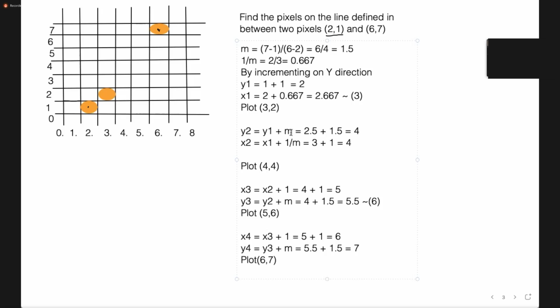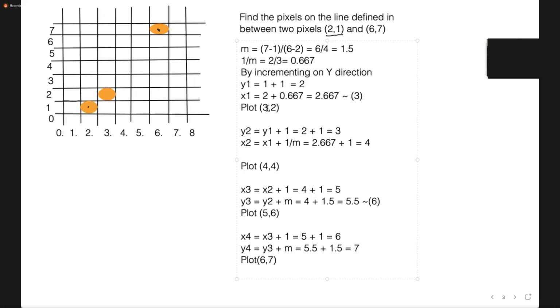Here y is 2, y2. This is 2. 2 plus 1, this is 3. And x2 is going to be 2.67.